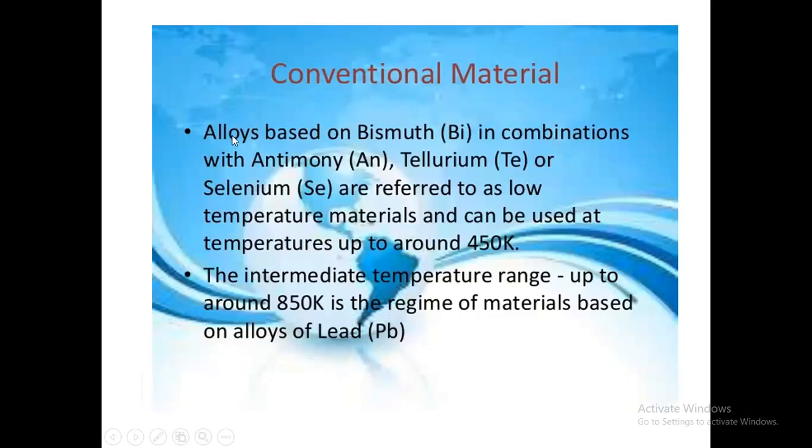Conventional materials are alloys based on bismuth, Bi, in combination with antimony, Sb, tellurium, Te, and selenium, Se, referred to as low temperature materials and can be used at temperatures up to around 450 Kelvin. The intermediate temperature range, up to around 850 Kelvin, is the regime for materials based on alloys of lead, that is Pb.